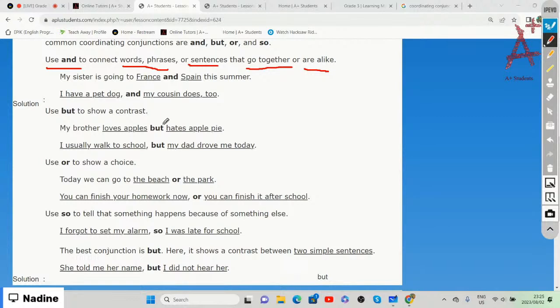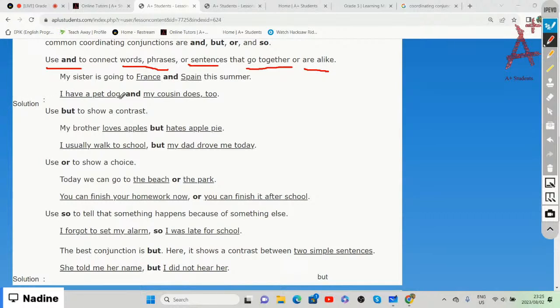We have examples. It says, my sister is going to France and Spain for summer, right? Which means that she is going to France and she's going to Spain. And connects France and Spain because it shows where she's going during the summer.